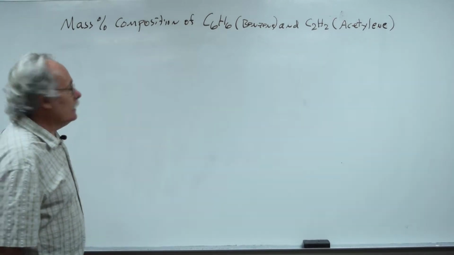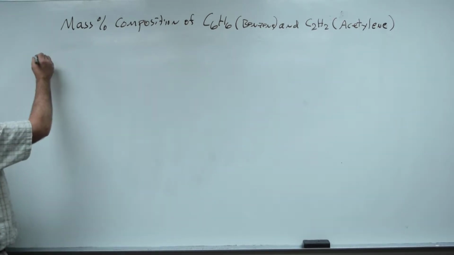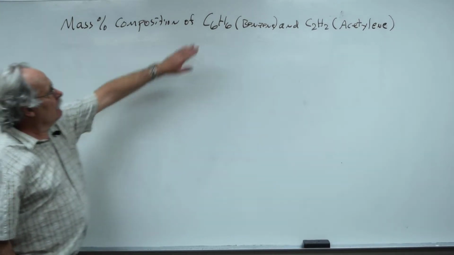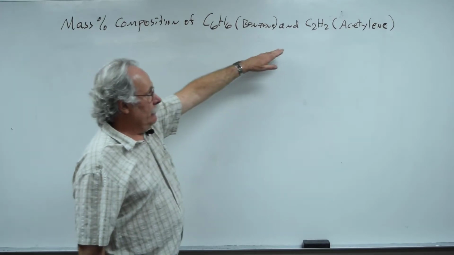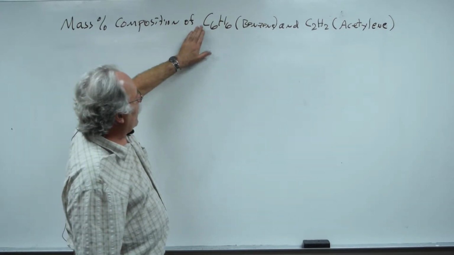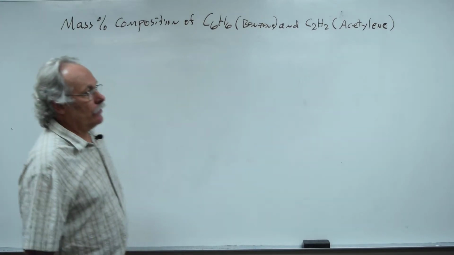mass composition. So once again, we calculate the molar mass of 1 mole of benzene and the molar mass of 1 mole of acetylene, and then divide the mass of each one component into the total mass.